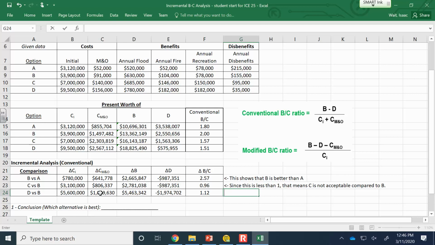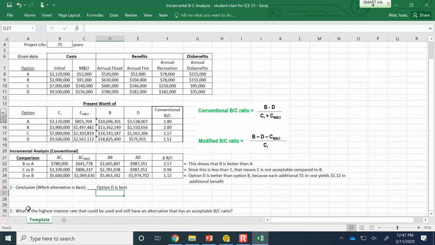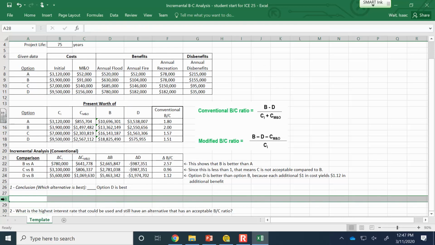So that means option D is better than option B because each additional dollar in cost yields $1.12 in additional benefit. So, conclusion, which alternative is best? Option D is best.